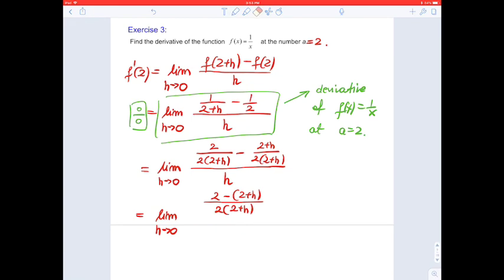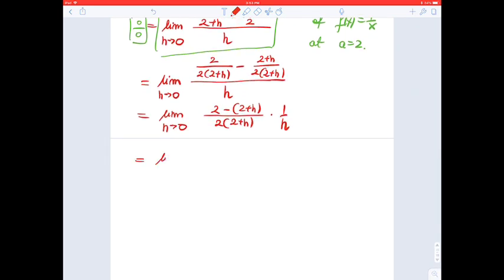Dividing by h means multiplying by the reciprocal. That's my numerator, and dividing by h means multiplying by the reciprocal. Then I can save one more line. Limit as h goes to 0, I am going to distribute a negative, negative 2 minus h, 2, and multiply by h, 2 plus h.